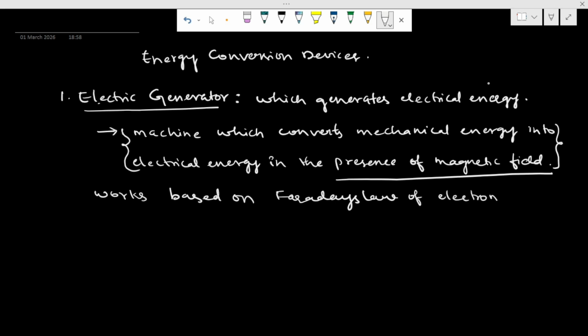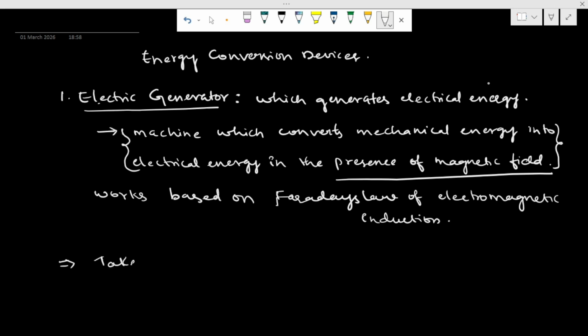Electric generator works based on Faraday's law of electromagnetic induction. Let us see in brief what is Faraday's law of electromagnetic induction, how we induce the EMF. Let us see with an example.